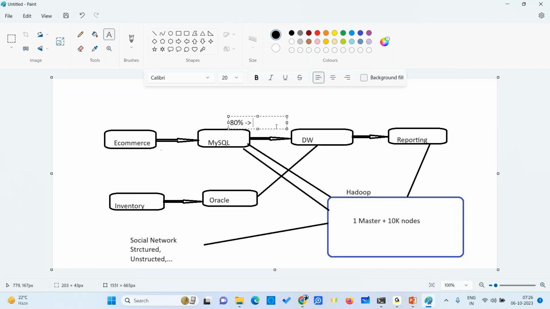Along with this product, some 75% of people bought phone covers. So these recommendations are processed and then available in this Hadoop system.